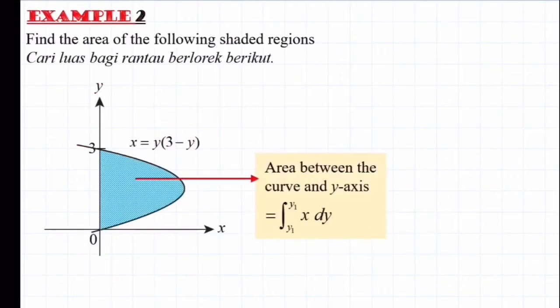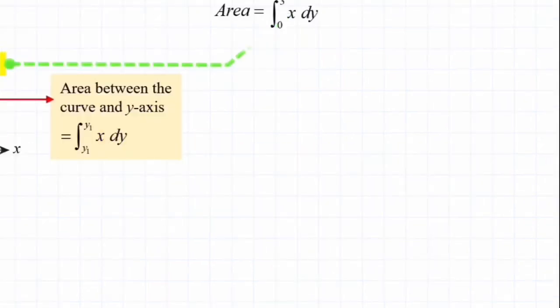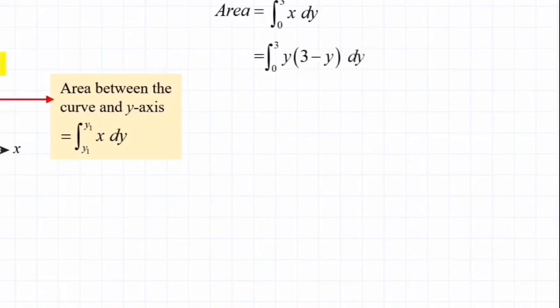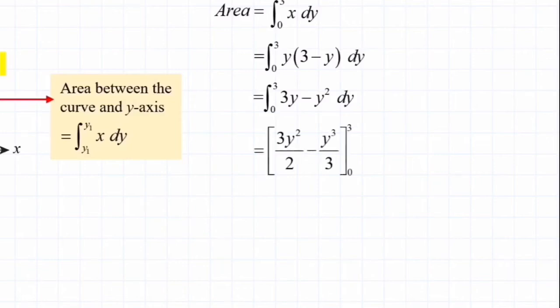Okay, then for this one also, the area is bounded by the curve and the y-axis. So for the area, you have to use x dy, so make x the subject of y. Okay, then you will substitute into the x, so it's integrate from 0 to 3, y times (3 minus y) dy, then you integrate carefully.